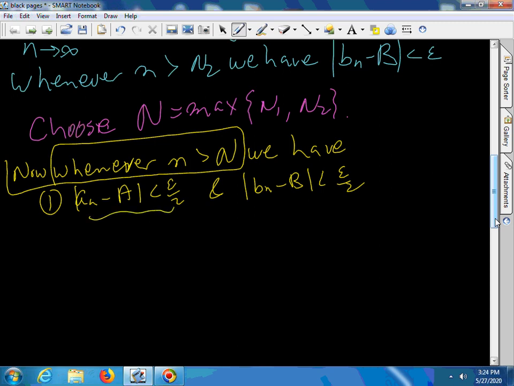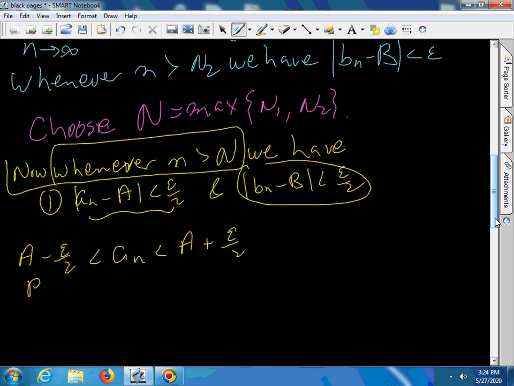So this statement is true, and it can be written like this: a sub n is between a minus epsilon over 2 and a plus epsilon over 2. And this statement can be written as b minus epsilon over 2 is less than b sub n, which is less than b plus epsilon over 2.